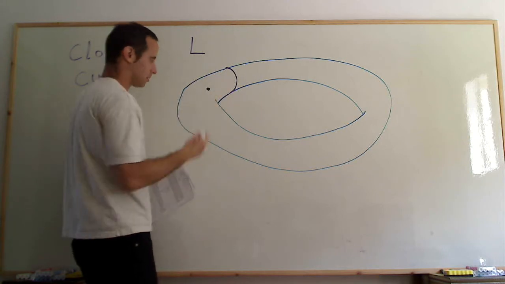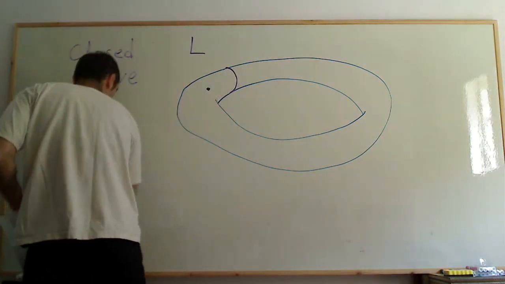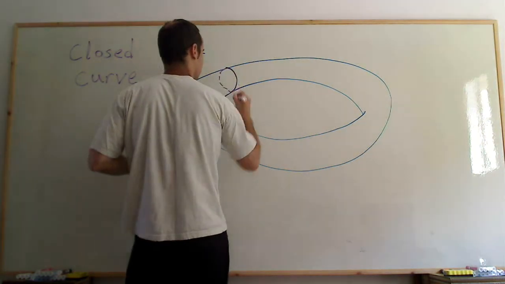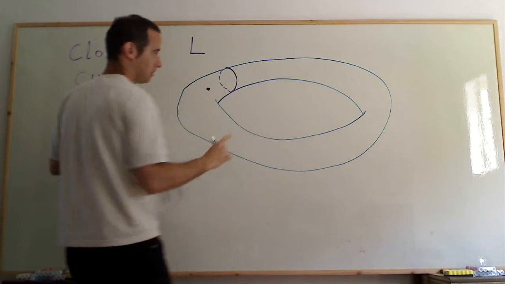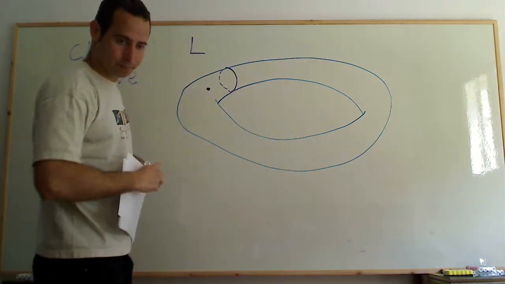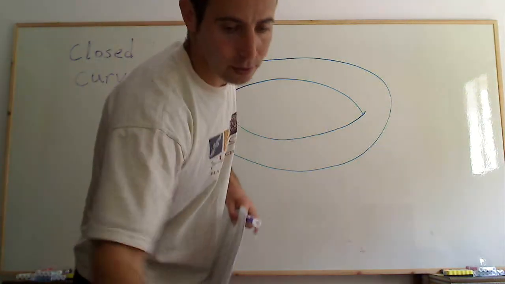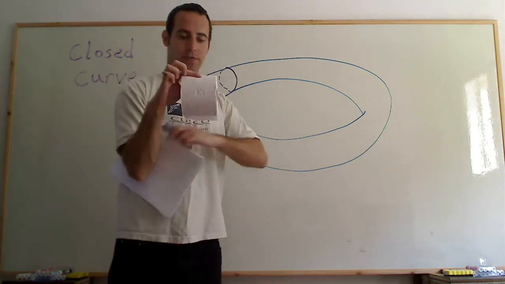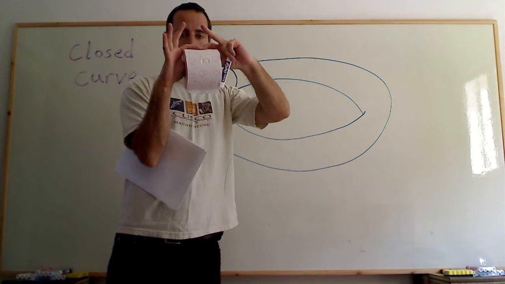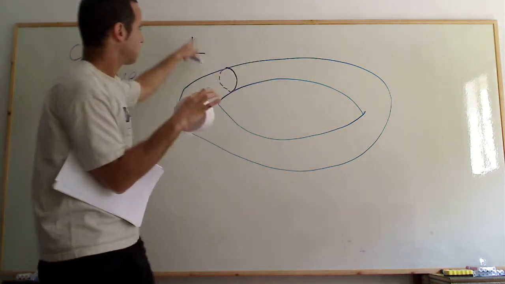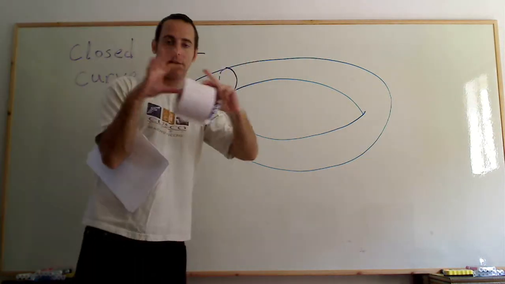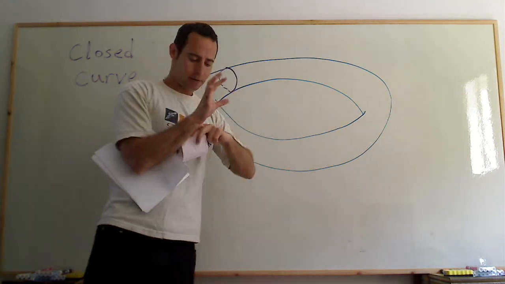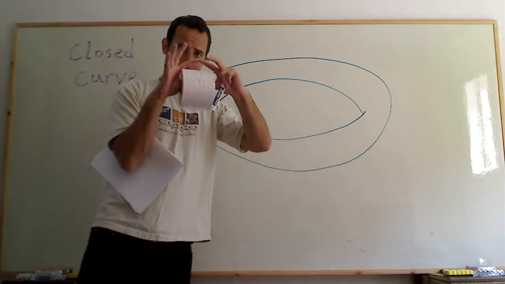This closed curve, it's like, if we had this, it's not a torus, but if my fingers were this L, like it's going around the toilet paper through the hole, okay?